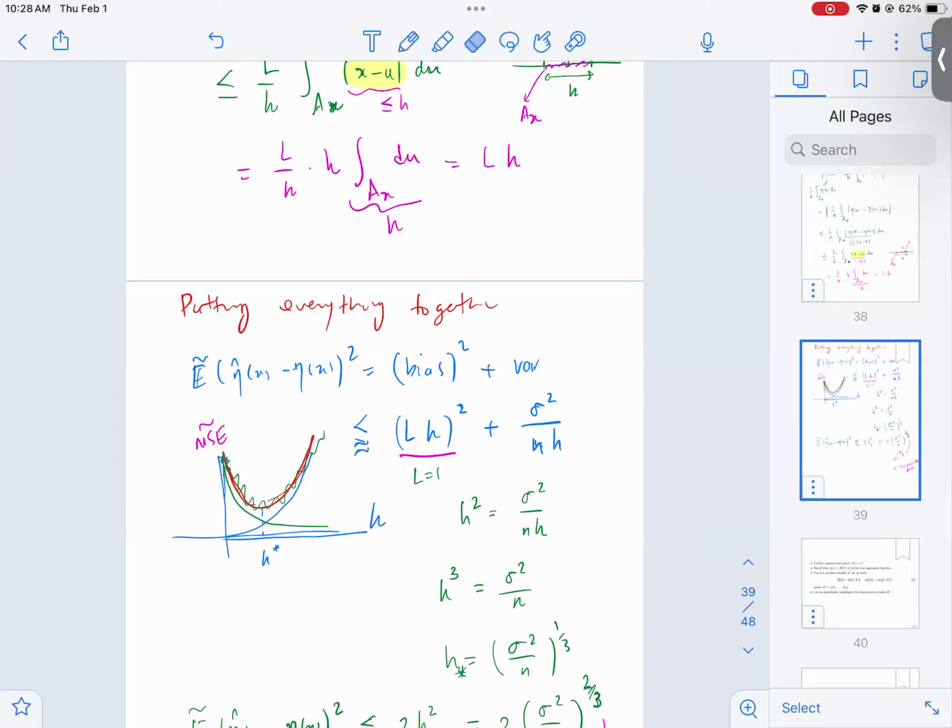The thing that happens in D dimensions, which is interesting, is that the variance gets much worse.